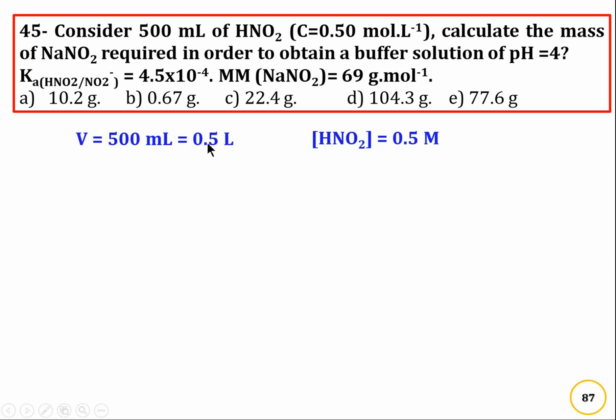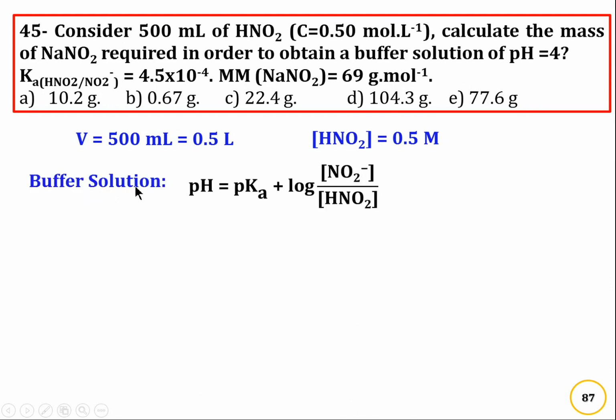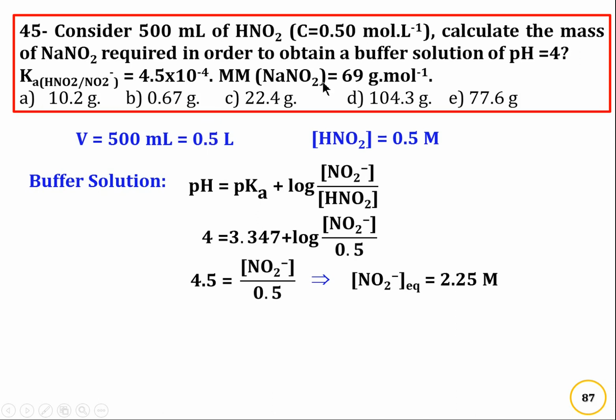So V total equals 0.5 liters. The concentration of HNO2 is equal to 0.5 molar. For the buffer solution, pH equals pKa plus log of the concentration of the base divided by the acid at equilibrium. pH equals 4, pKa of the couple equals 3.347, plus log of NO2- divided by the concentration of HNO2 at equilibrium.